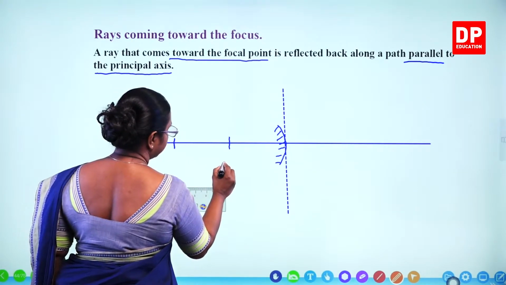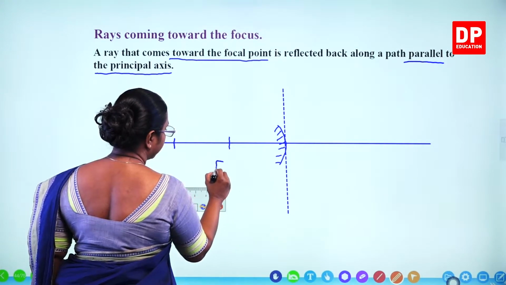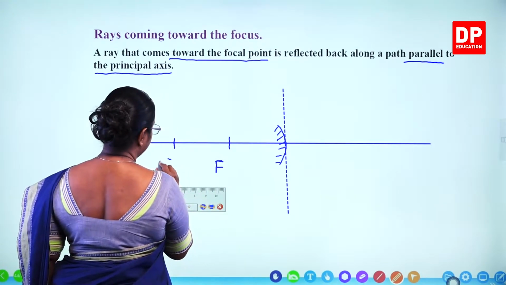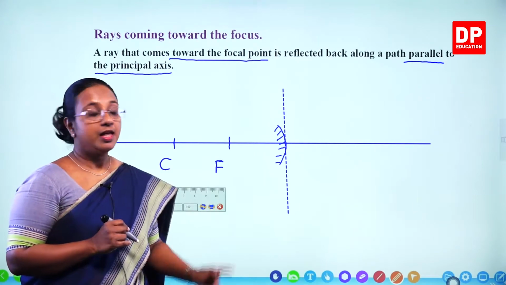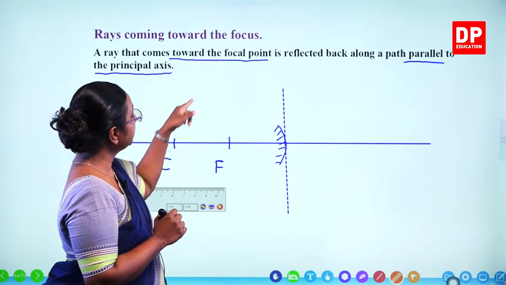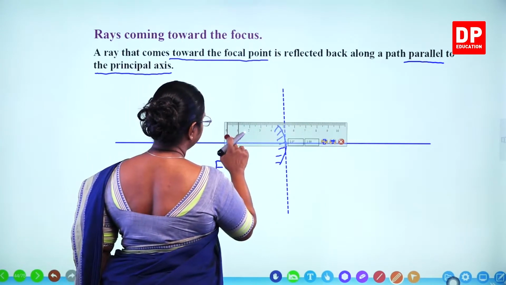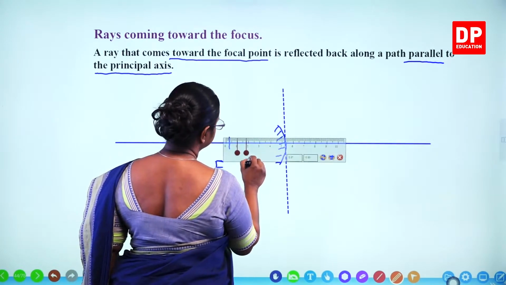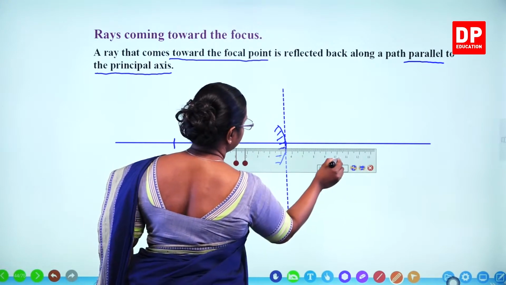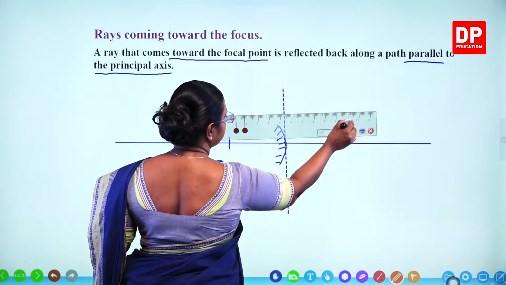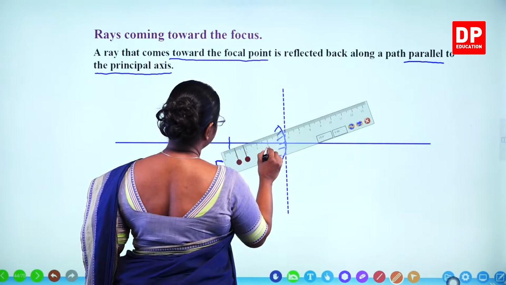So, then this has to be marked as F and C. Now the ray is coming towards the focal point.